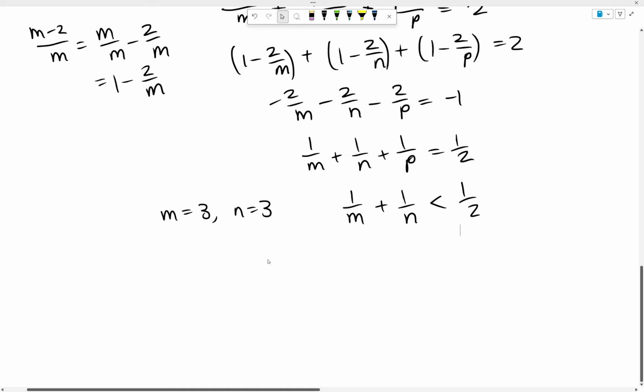So I'm just going to be trying some values that could potentially work. So the next smallest value, I can't pick m is equal to 3 and n is equal to 4.